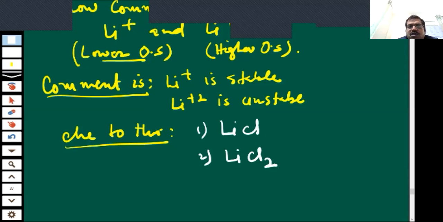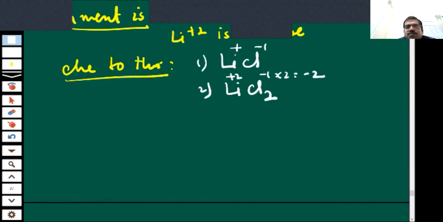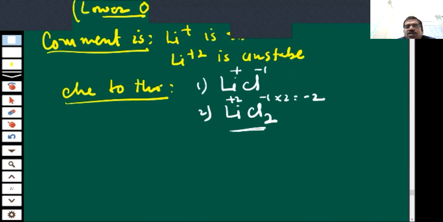What does that mean? It is a compound. This is lithium plus, this is Cl minus. Here lithium plus 2. Here Cl is minus 1 and twice, so total minus 2 is there. I told you, this is skill 2. You have to identify the molecule. It is a heteromolecule. Two particles are there, lithium and chlorine.